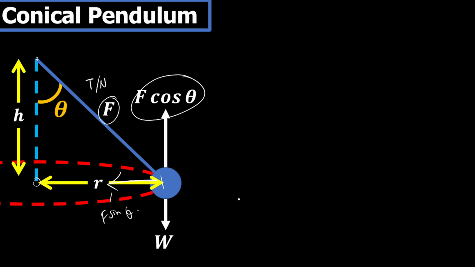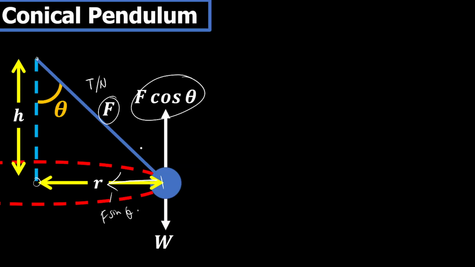Well, we also know that there's going to be weight. That particular particle or body is going to have some weight, and we can resolve F into its components, which is F cos theta, and then there should be F sine theta here. So this should be F sine theta as well.